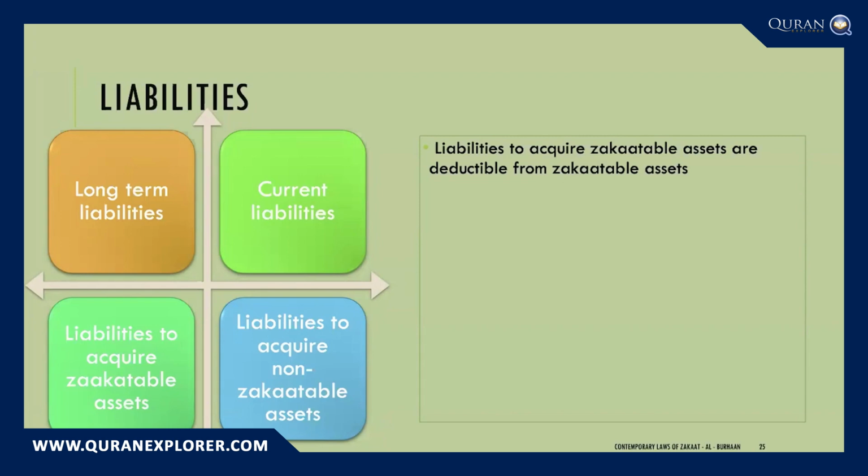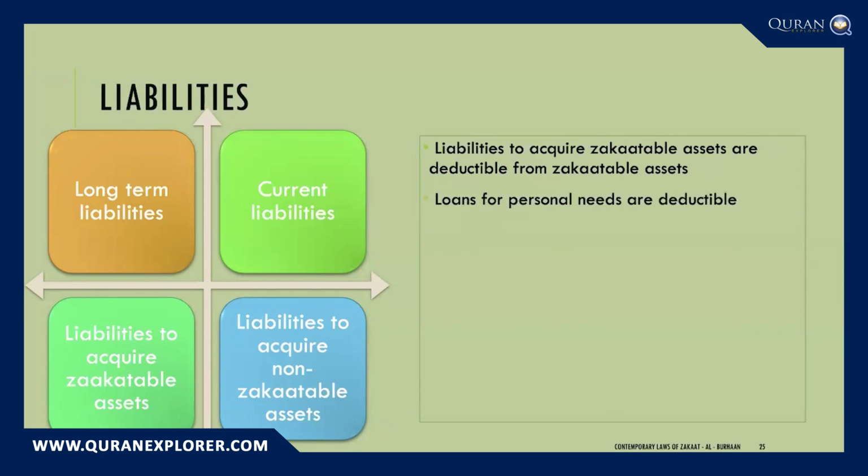So if you've got a liability for the purchase of inventory or trading stock, inventory is a zakatable asset. For example, you've bought it on credit and you're still owing the amount, you'll include the value of the inventory in your zakatable assets, but you will also be able to deduct the amount that is owing for that inventory because you have a liability that is used to acquire a zakatable asset.